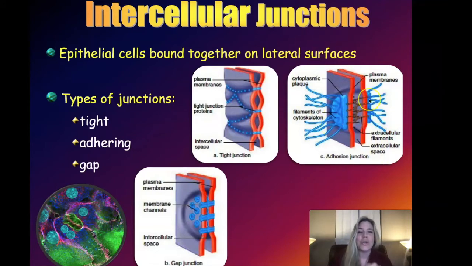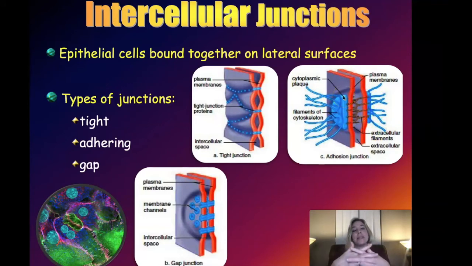Adhesion junctions are another category, and you can see here that there's a little bit of a gap. They're not held quite as tightly as they are in a tight junction. In fact, what you get here is what's called a cytoplasmic plaque forming on the cell surface, on the cell membrane on either side. And going between them are different types of proteins called filaments. These are going to bridge the gap between the plaques.